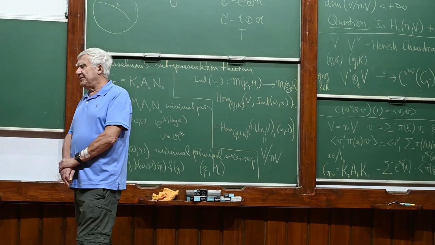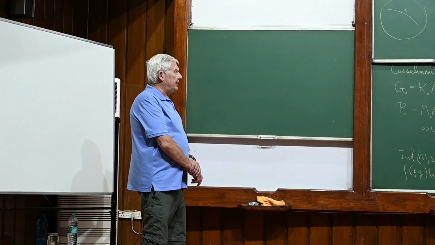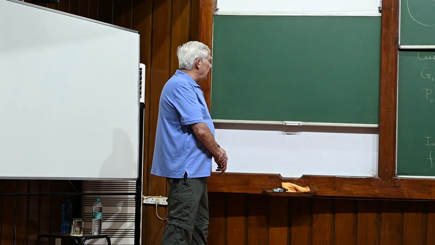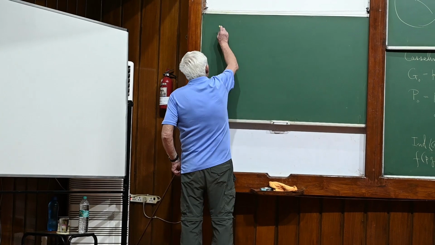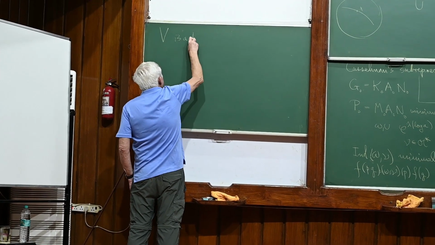So Casselman's theorem. So you can ask, what happens if your module is not irreducible? So V is just a Harishchandra module.